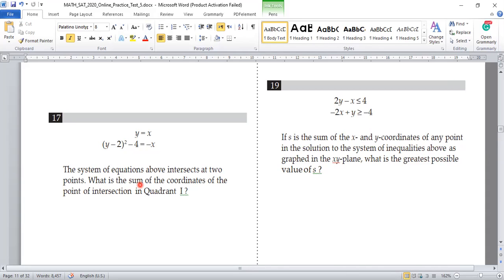Anyhow, y is greater than or equal to 2, and then we also have to do another one.